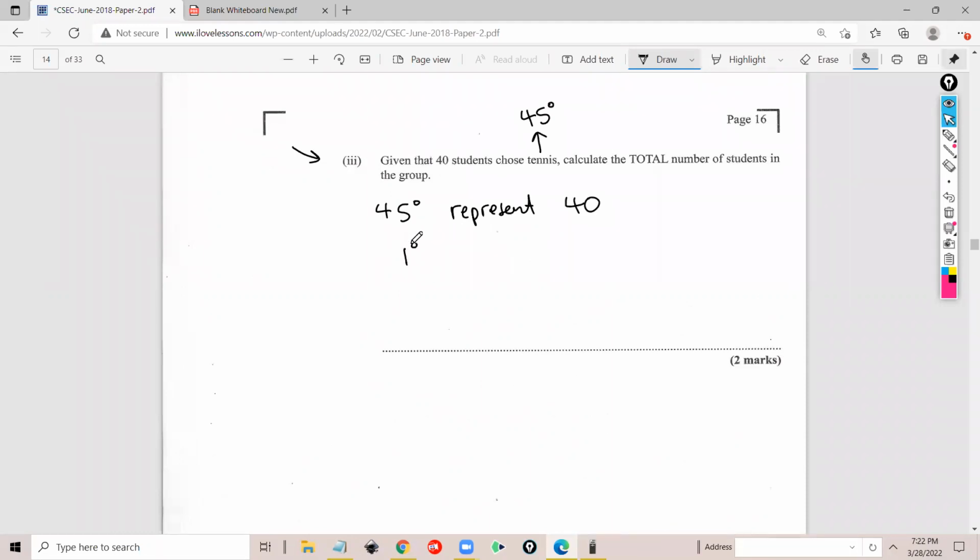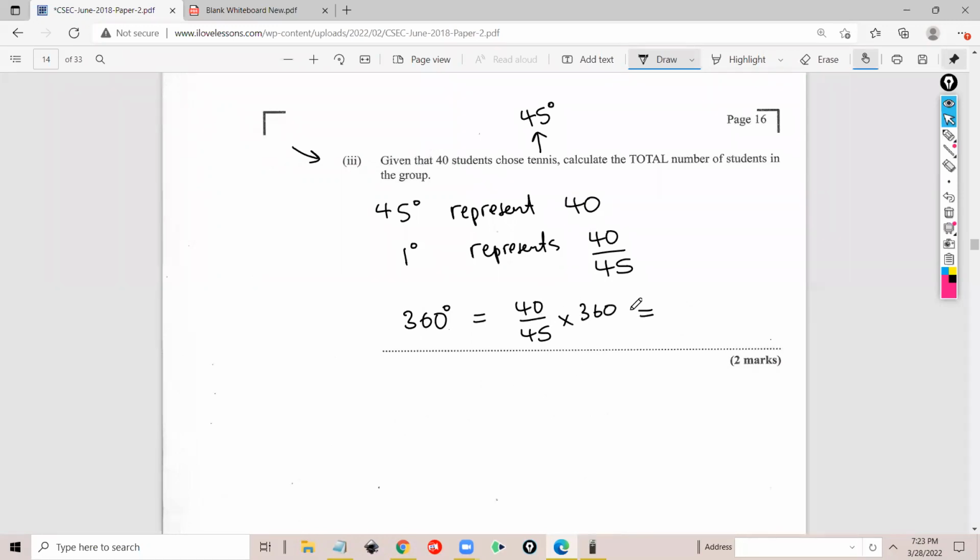Therefore, 1 degree represents 40 divided by 45. So you're finding for 1 degree first. And remember, the total circle is 360 degrees. So if 1 degree represents this portion, 360 degrees is 40 over 45 multiplied by 360 degrees.